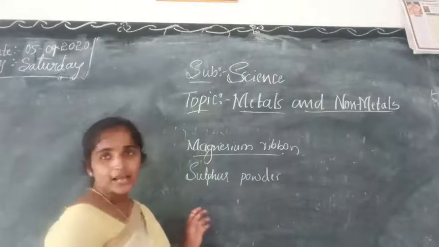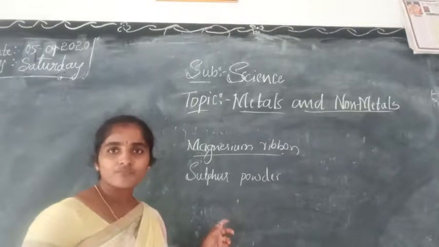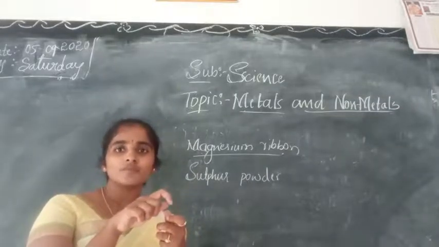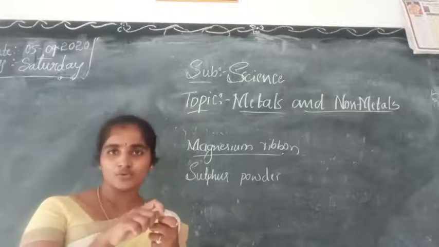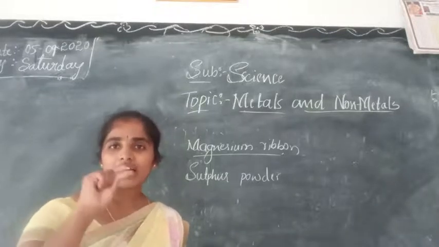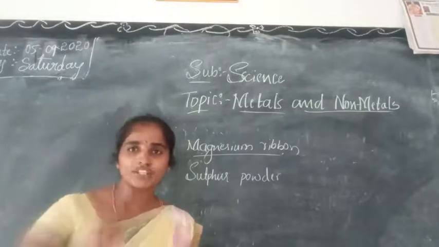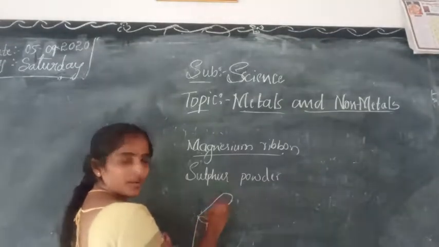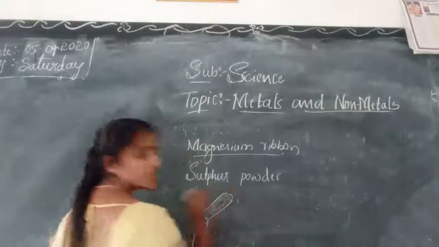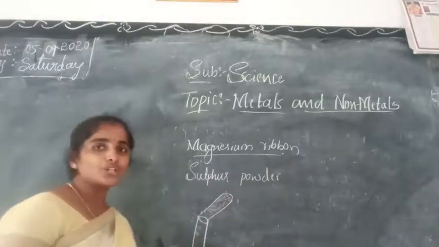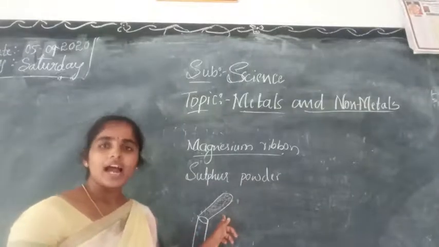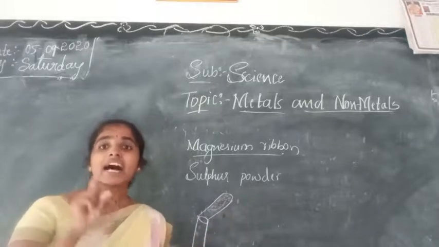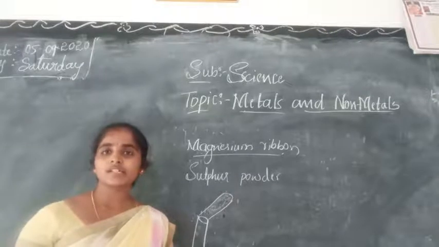Next, sulfur powder. Take sulfur powder in a test tube and burn it, and hold another test tube at the mouth of the first test tube. Fumes are formed and collected in the upper test tube. Close its mouth. Add water to this test tube, shake properly, and test the solution using red and blue litmus paper.